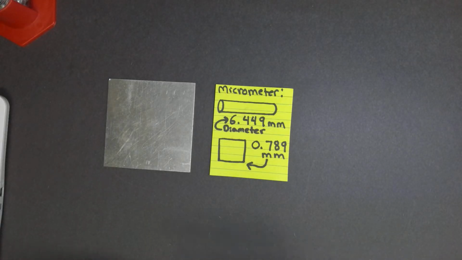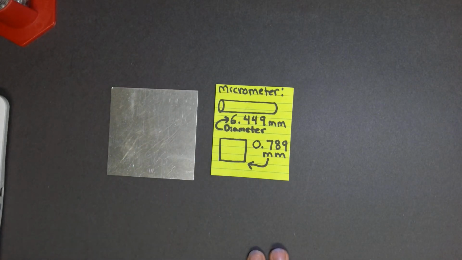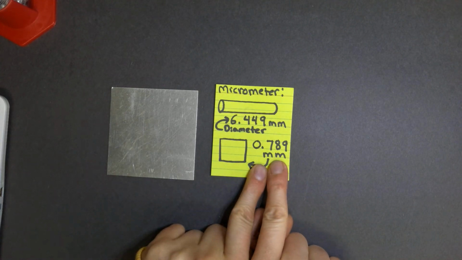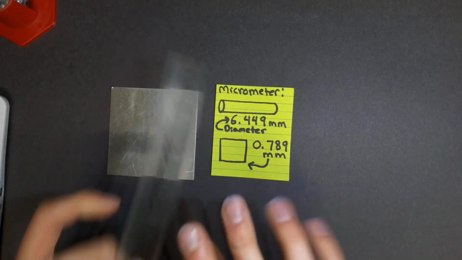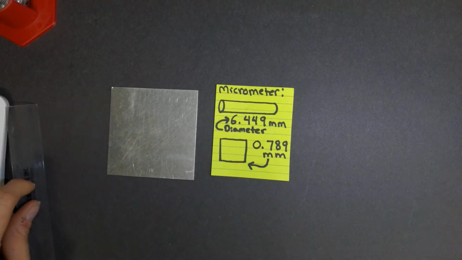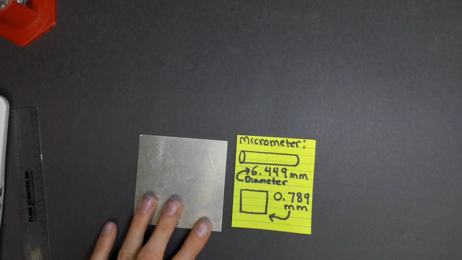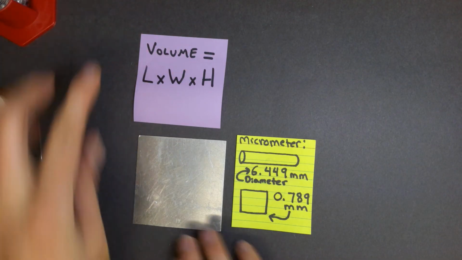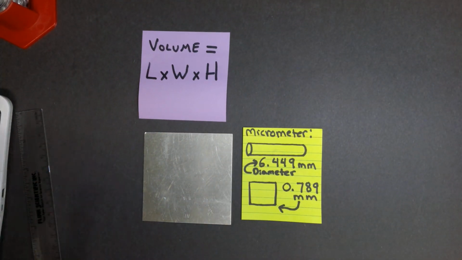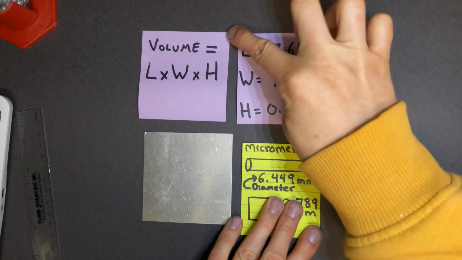Now, earlier I did mention that we are using these values to help us calculate the volume. I failed to mention that, remember, this is being measured in millimeters, okay? And when we measure the plate with the ruler, we are using centimeters. So in order to calculate the volume of the plate or anything with the micrometer, we know that we're going to be using length times width times height. But when we multiply these values together, we want to make sure that they are all the same unit.